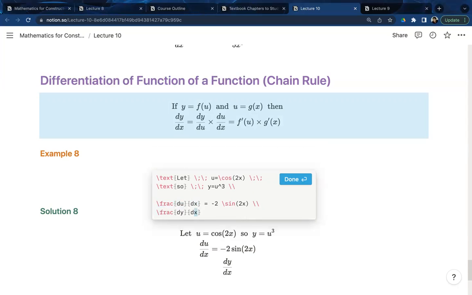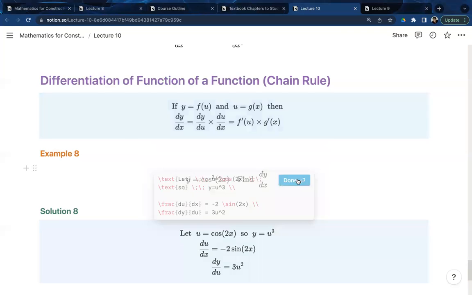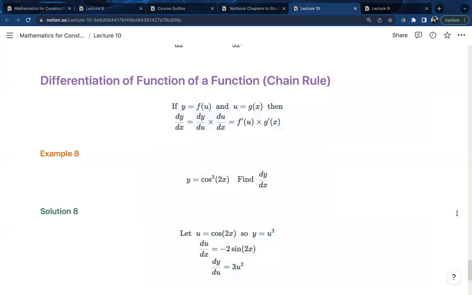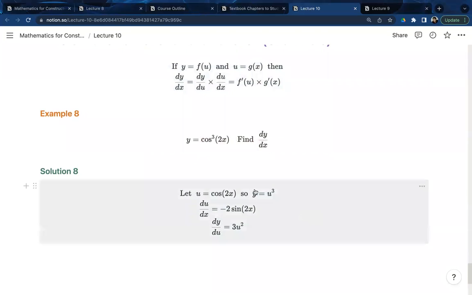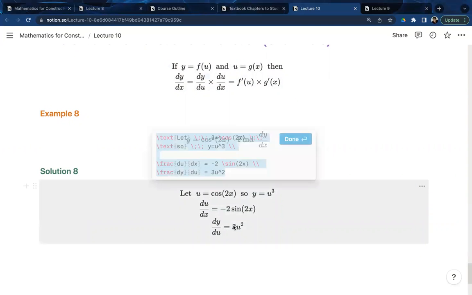So if y is u cubed, what is the derivative of y with respect to u? With respect to u, that is 3u squared. We use the polynomial rule from before. For dy du, you differentiate u cubed with respect to u.